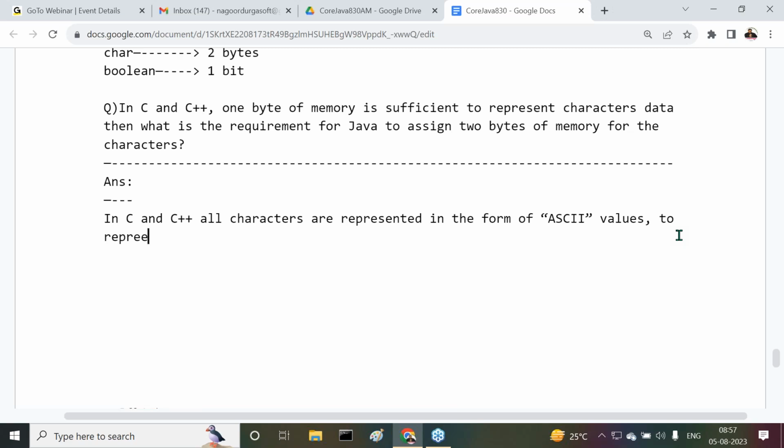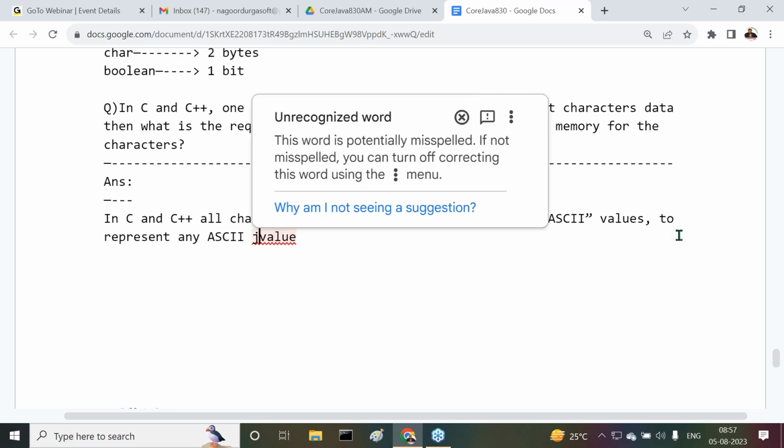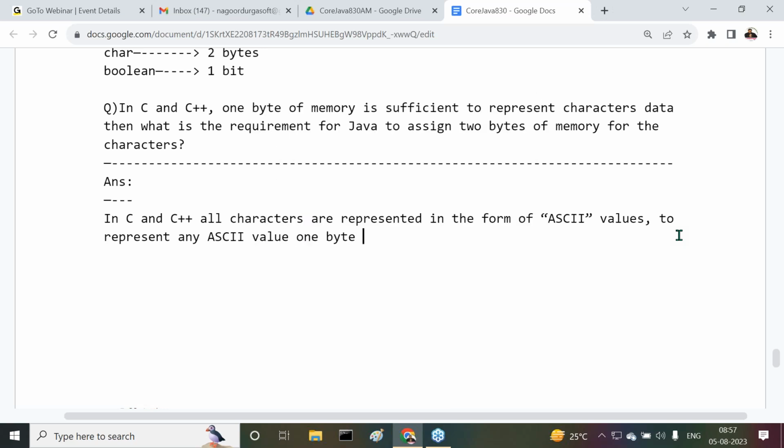To represent any ASCII value, 1 byte of memory is sufficient. Because of this reason only, C and C++ provide 1 byte of memory for characters. To represent any character in C and C++, 1 byte of memory is sufficient. Why? Because in C and C++, all the characters are represented in the form of their ASCII values. Understand my point? Good.